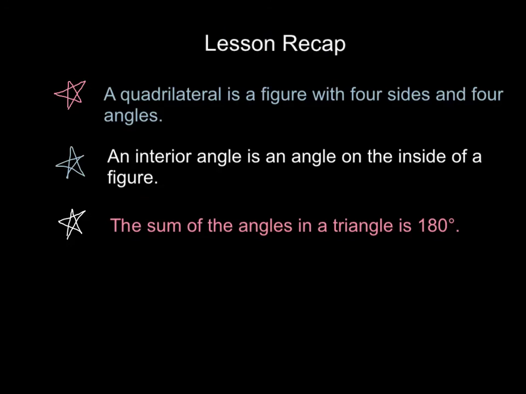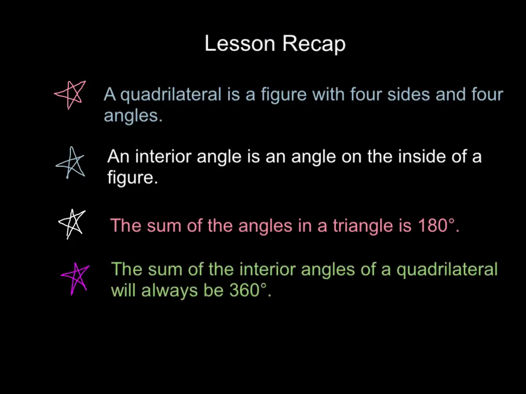The first important part of our lesson that will help us solve for missing angles of triangles is that the sum of the angles in a triangle is and always will be 180 degrees. Finally, we learned the concept that the sum of the interior angles of a quadrilateral will always be 360 degrees, which will help us find the missing angle of a quadrilateral.